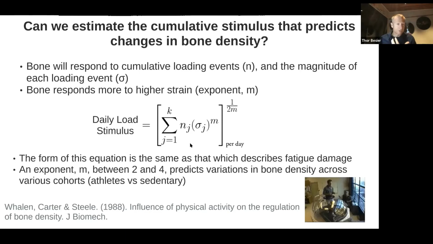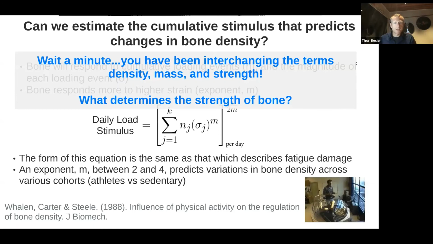And so this kind of makes sense then, that this form as a daily load stimulus is a reasonably good characterization of the changes in adaptation that occur in bone, because we know those changes in adaptation are related to the micro damage that occurs in the bone.